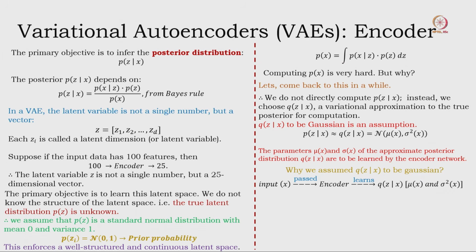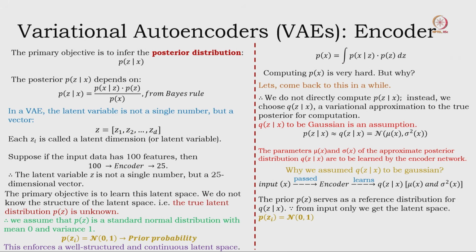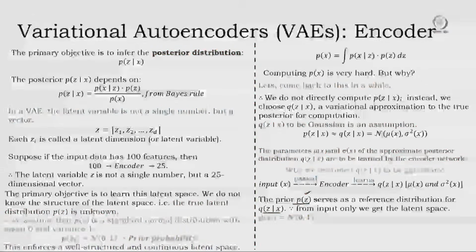When from the input you get that z, obviously the input has to be Gaussian only. So, here the prior distribution P of z serves as a reference distribution for q of z given x. Because P of z is assumed to be a normal distribution, the reference we are taking is that q of z given x is also a Gaussian.